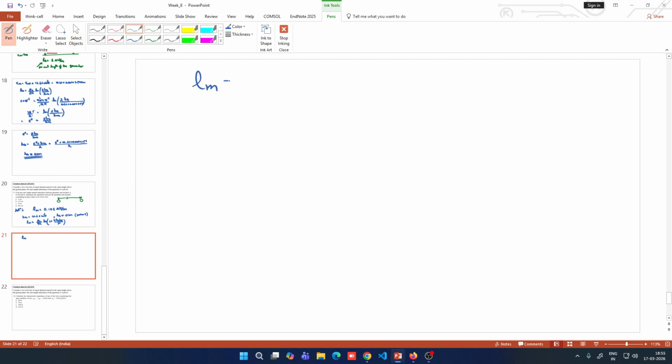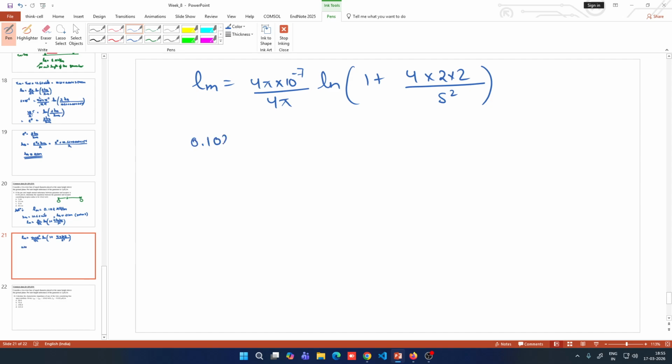So Lm will be: mu naught is 4 pi times 10 to the power minus 7, divided by 4 pi, ln of 1 plus 4 times 2 into 2, because they are 2 centimeters from the ground, over S square. S is unknown, we have to find it. Lm is already given as 0.102 microhenry per meter.